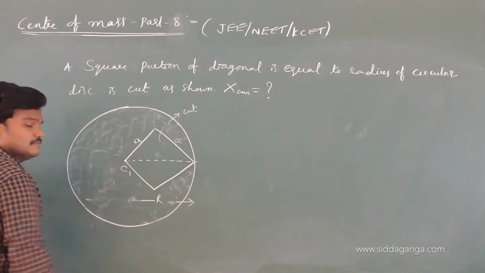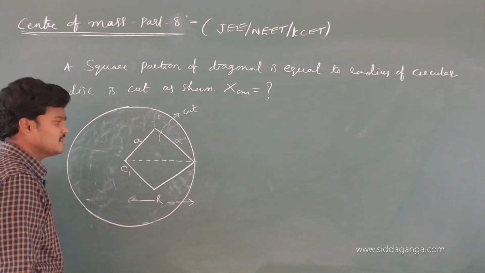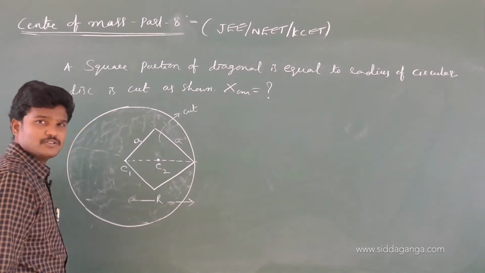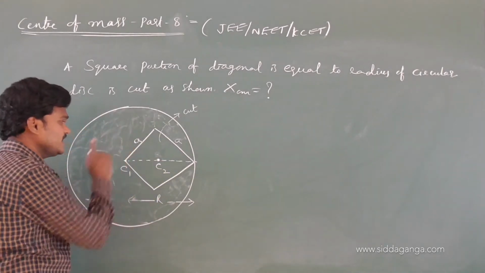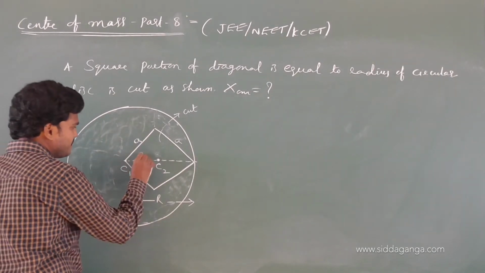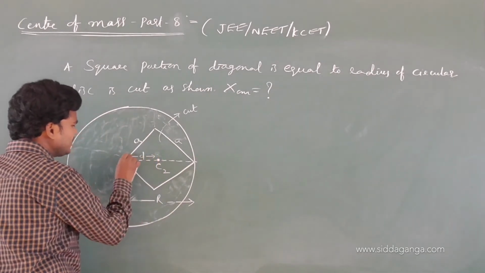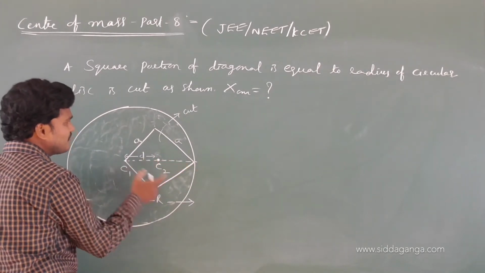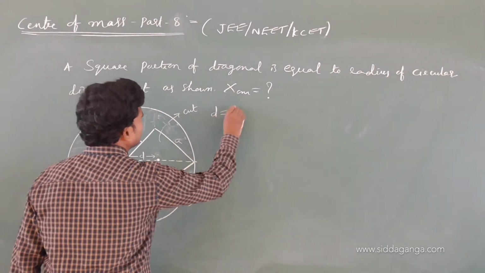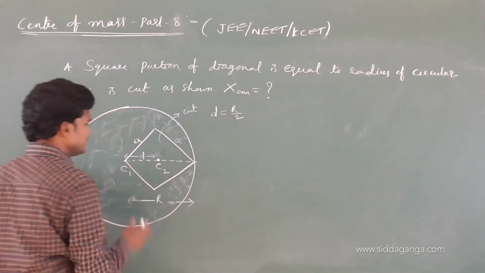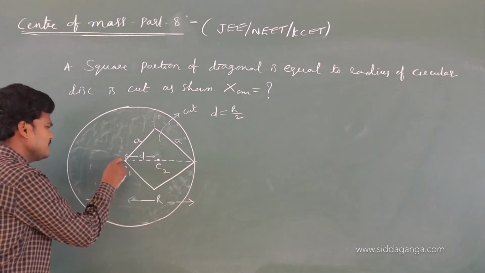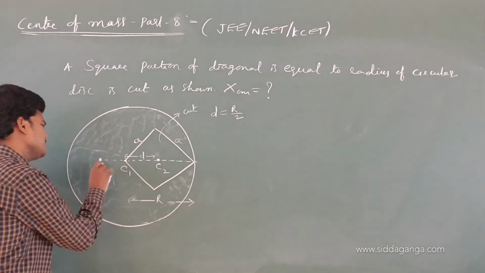This is C1, the initial center of mass of the circular disc, and C2 is the center of mass of a square plate whose side is A. Gap between them is D. This D is very clear. From here to here is R, and this is half part. So, D is R by 2. And which side will the center of mass shift? No doubt, left side.